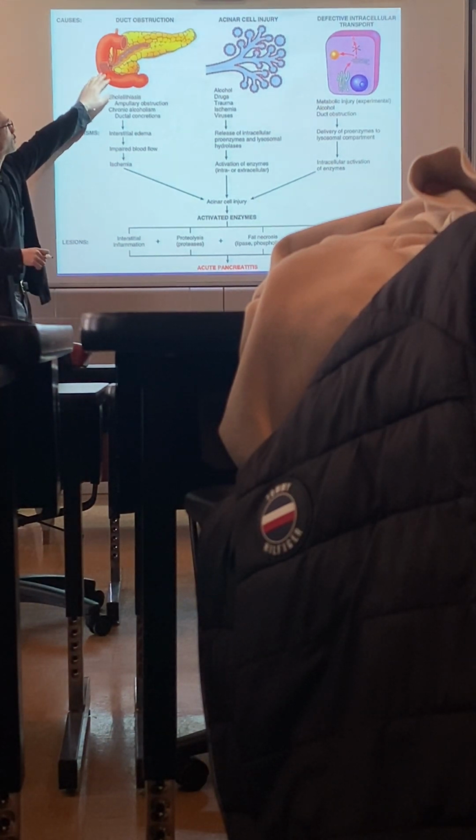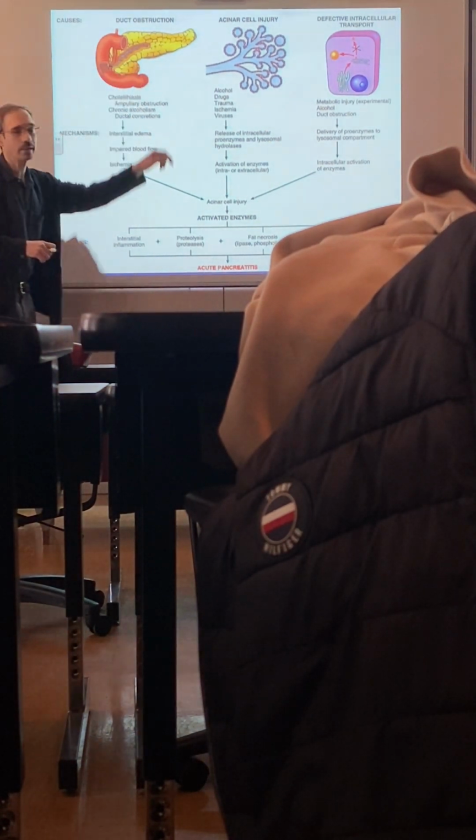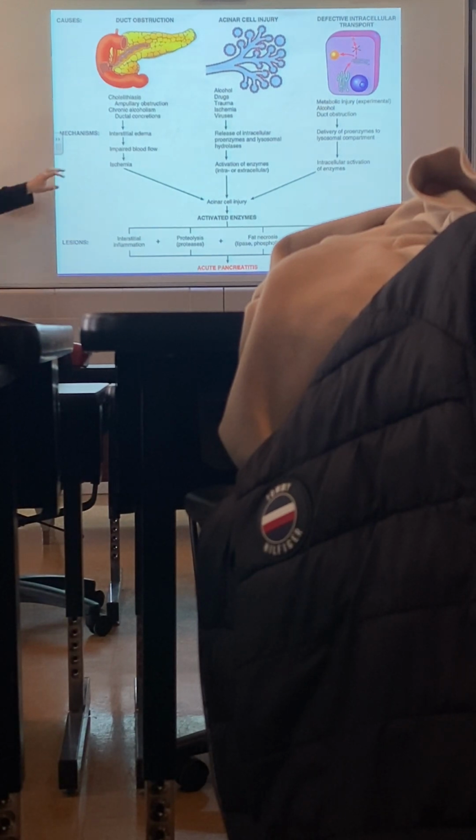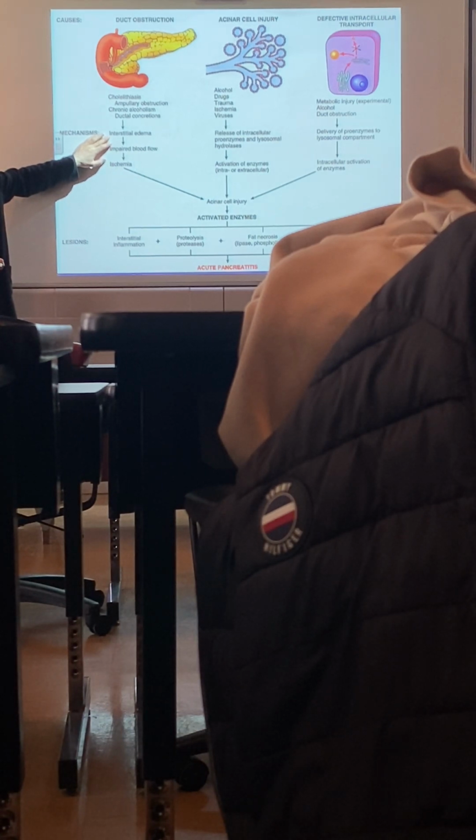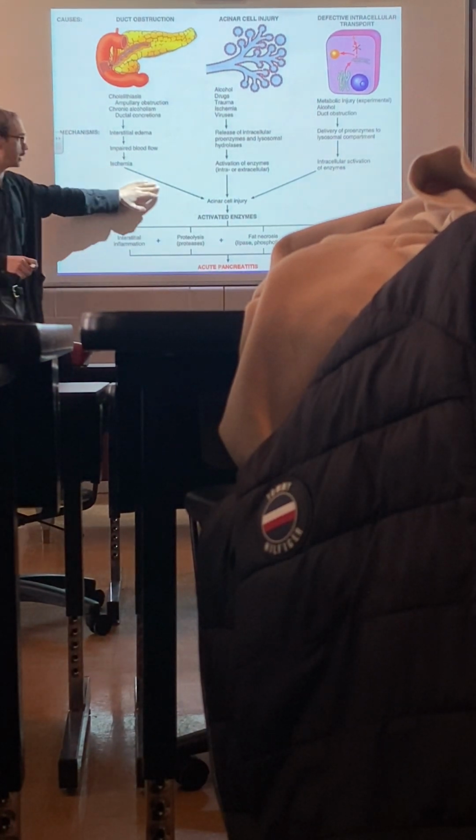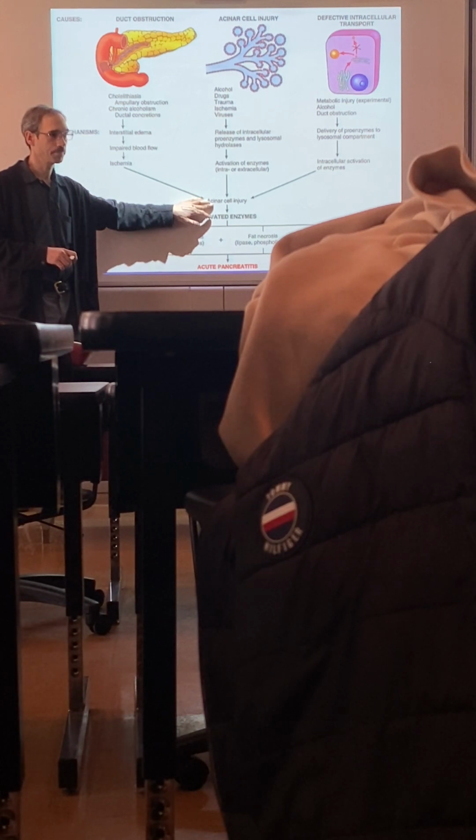Once that duct is obstructed, pressure is going to back up along the main pancreatic duct, and that's going to result in some interstitial edema. The interstitial edema could collapse the local vascular flow. That will result in ischemia. The acinar cells will begin to degenerate.